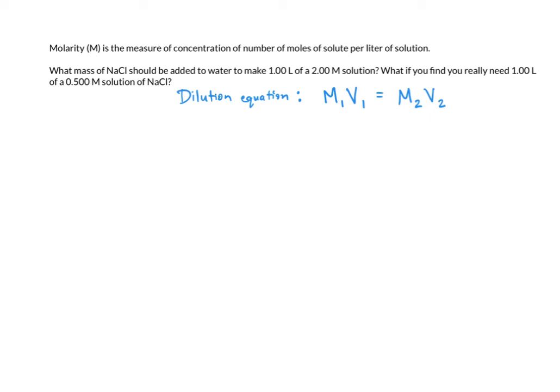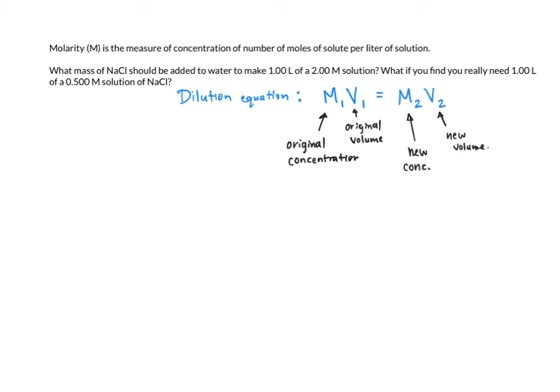That means that the products of molarity and volume at two different conditions of volume must be equal to each other. In this dilution equation, M1 and V1 are the original concentration and original volume respectively, while M2 and V2 are the new concentration and the new volume respectively when we change the amount of solvent or dilute a substance.